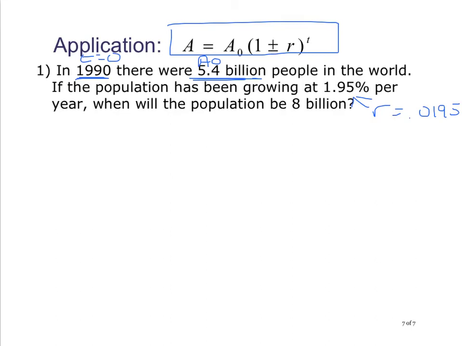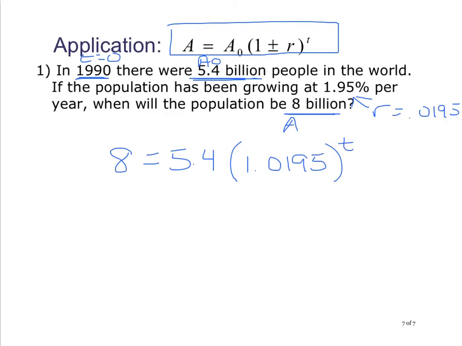So far, and when would the population be 8 billion? Well, that's my A. It's my A of t, and t is what we don't know. So I'm going to set up the equation as 8 is equal to 5.4 times 1.0195 to the t.